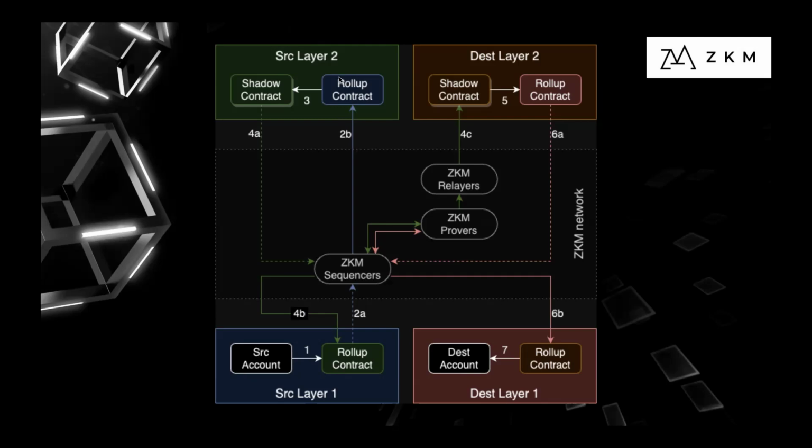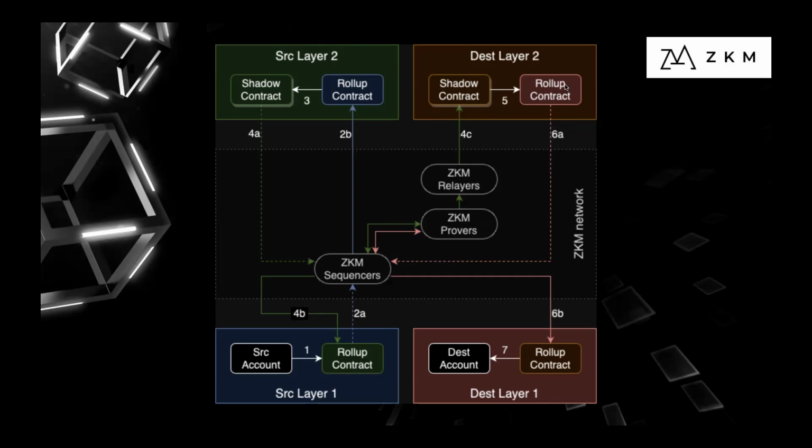It will then be sent to the source L2 rollup contract and be executed on its shadow contract. So in sending transactions to that shadow contract, the operations can then be executed on any other different chain within this entangled rollup network. After that execution is proved, it will be relayed to the destination layer 2 shadow contract right here. And the data from that execution would then be sent to its rollup contract over here.